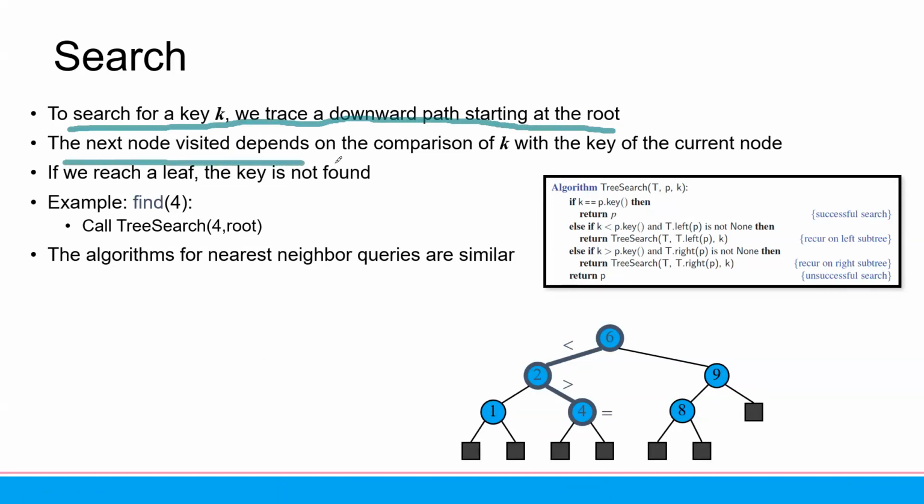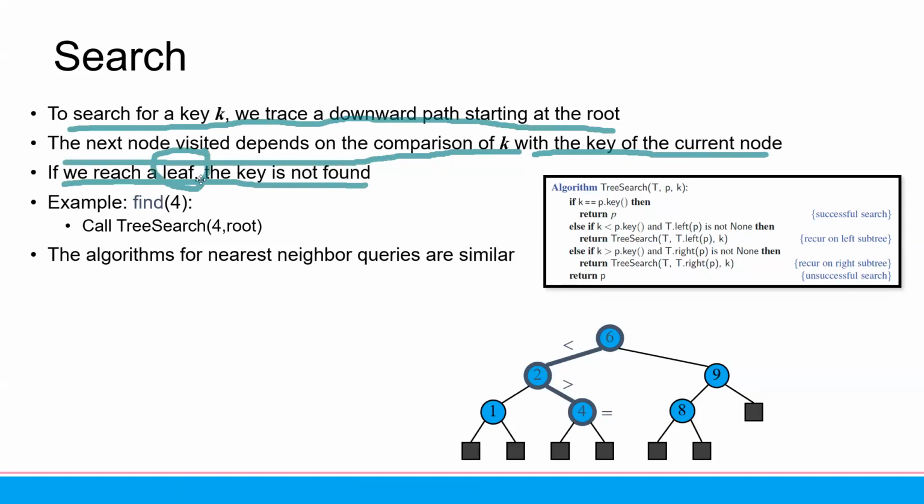The next node visited depends on the comparison of K with the key of the current node. If we reach a leaf, then the key is not found. Do you know leaf?